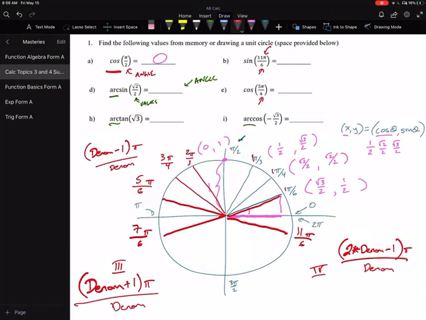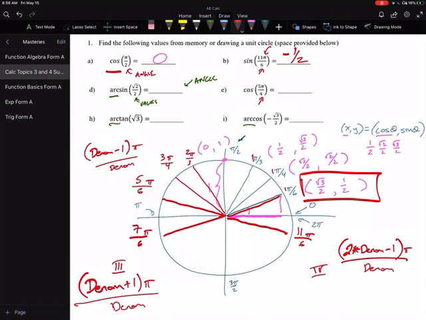So 11 pi over 6 is going to have the exact same coordinates here, root 3 over 2 comma 1/2, except because you are in the fourth quadrant, the cosine value is still going to be positive since we have a positive x value, but since we're below the x-axis, it's a negative 1/2. So then the answer here is negative 1/2.